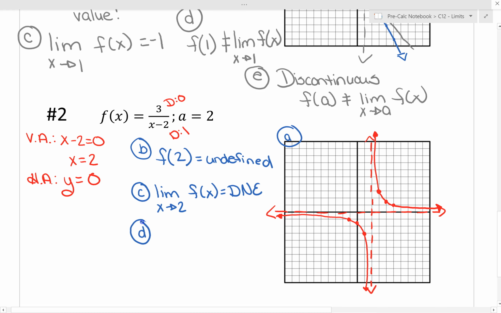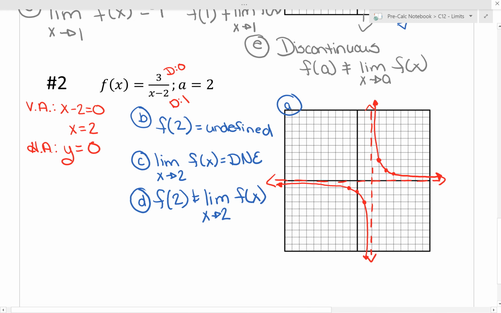Well, the limit does not exist because we are approaching the vertical asymptote as well. Part D, well, so we have f of 2 will not equal the limit as x approaches 2 for the function.